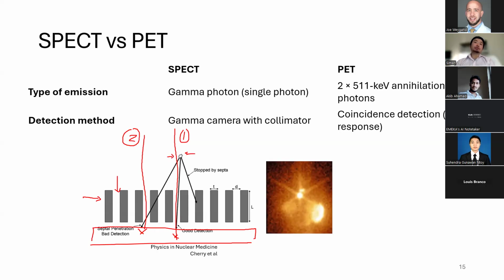Whereas in event two, you have to assume the activity is somewhere along this line, and it creates an artifact because the gamma ray actually penetrates the collimator. The star pattern here is the septal penetration. So in a gamma camera, the collimator plays a major role in image formation.